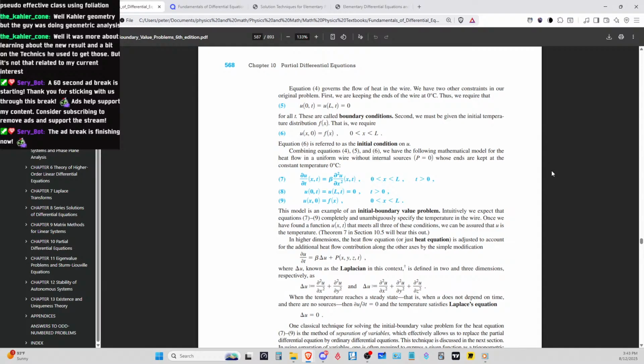Intuitively, we expect that equations 7 and 9 completely and unambiguously specify the temperature in the wire. Okay, so this is the heat equation right here.